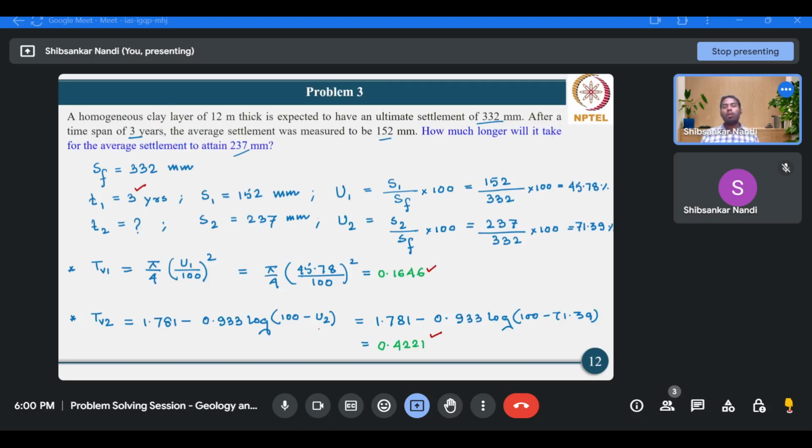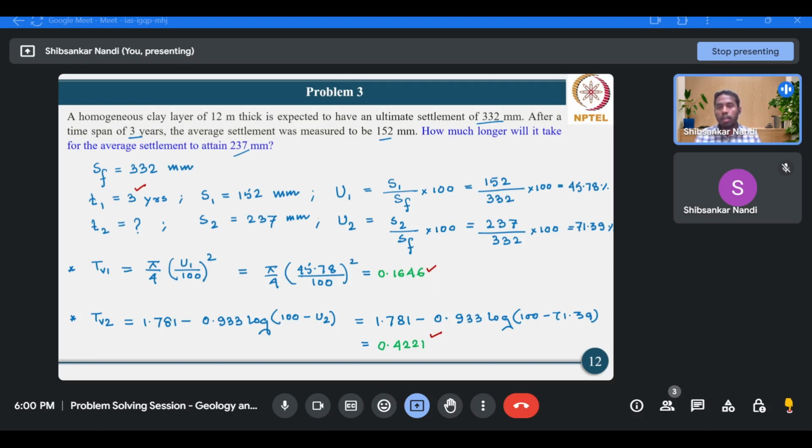Okay, so in this problem we are given the total or the final, ultimate settlement. We are given the time span for a specific settlement, a measured settlement. Now we need to calculate the time or the duration for another settlement. For example, the final ultimate settlement was given as 332 millimeter.